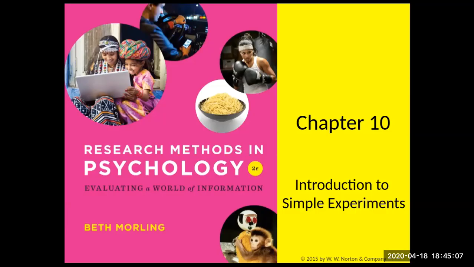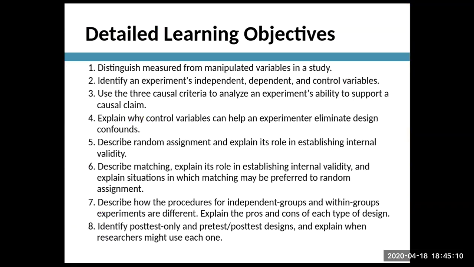So, objectives. We are going to distinguish measured from manipulated variables in a study, which we've already sort of practiced earlier on in the course. We'll look at experiments, and remember we talked about predictor and criterion variables in an association claim or a correlation.